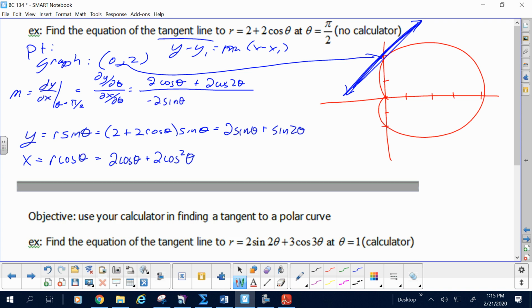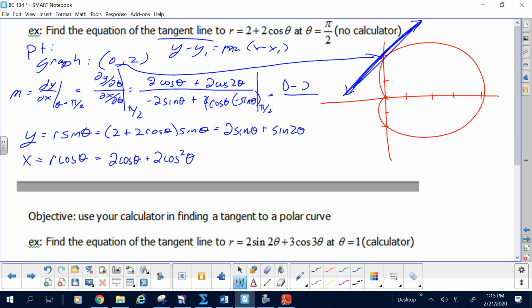Negative 2 sine theta plus, probably minus 4 cosine theta times sine theta, yeah? Okay, cool. At pi over 2, at pi over 2. What about the numerator? 2 cosine pi over 2 plus 2 cosine pi.